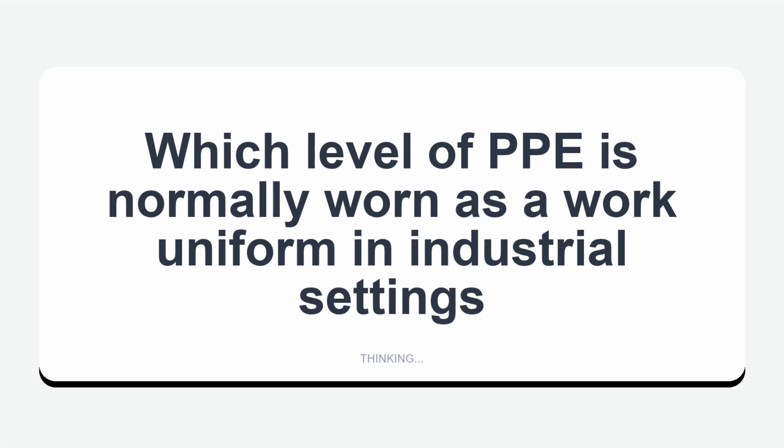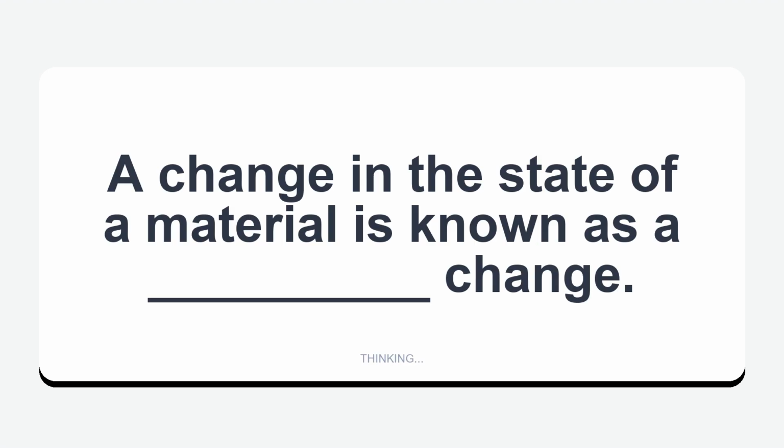Which level of PPE is normally worn as a work uniform in industrial settings? D. A change in the state of a material is known as a physical change.